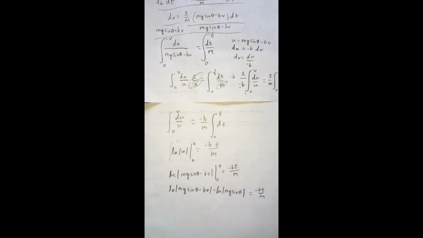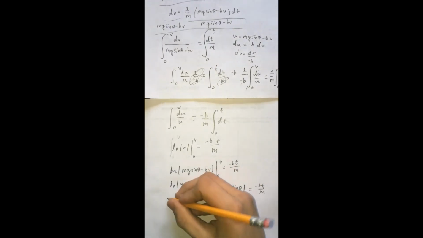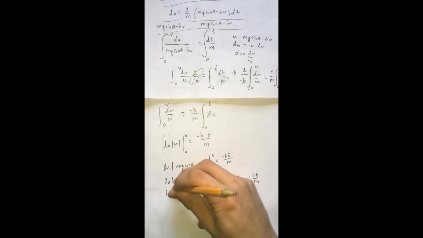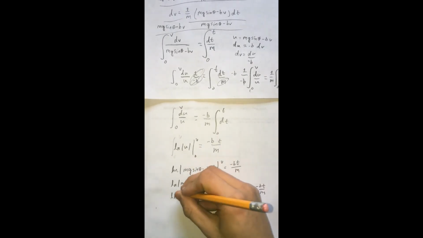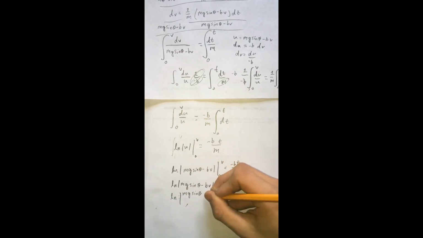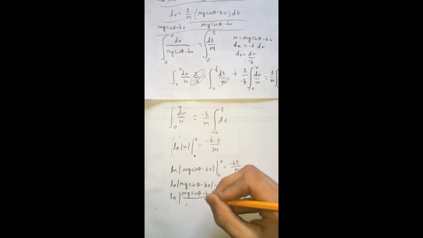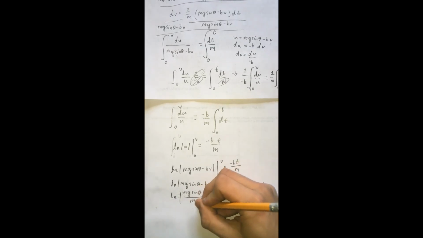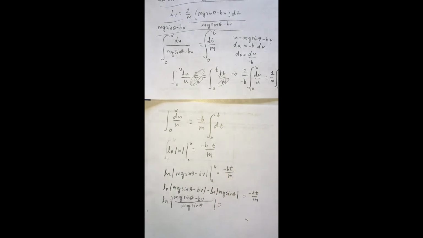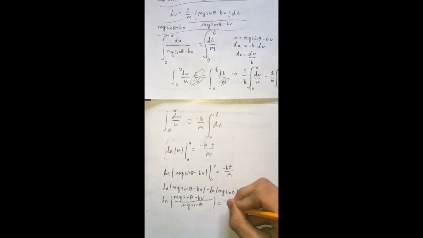With our natural log rules, we know that this is going to be equal to ln of mg sine theta minus bv over mg sine theta is equal to negative bt over m.